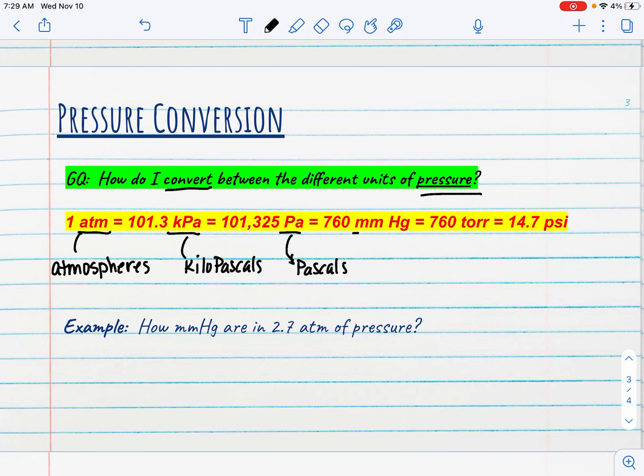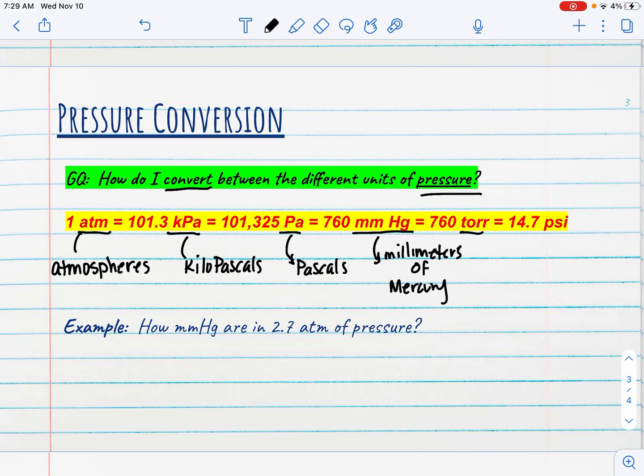All right, here we've got a unit plus a specific element that we use in like barometric pressure. All right, so this is millimeters of mercury.